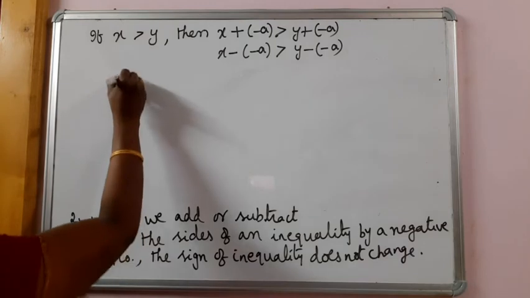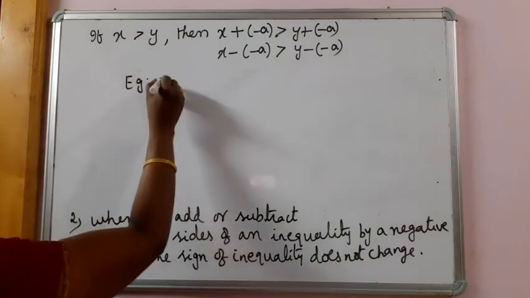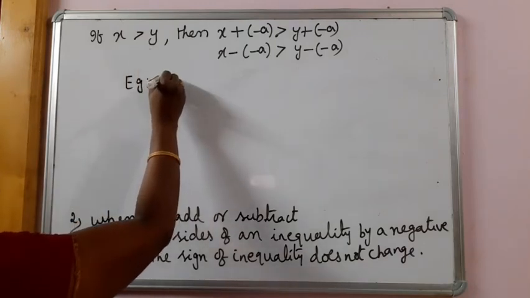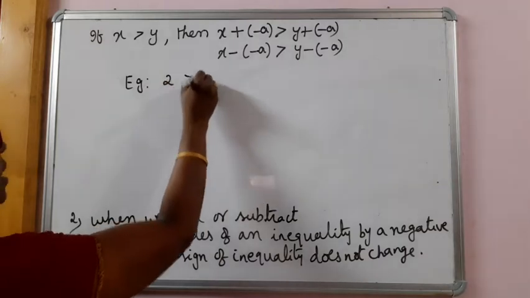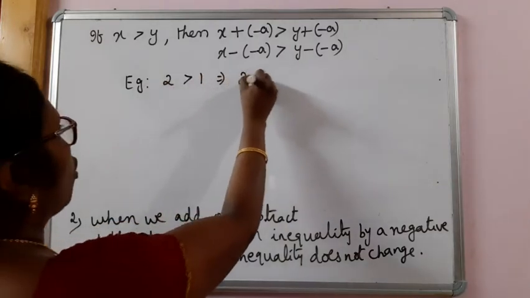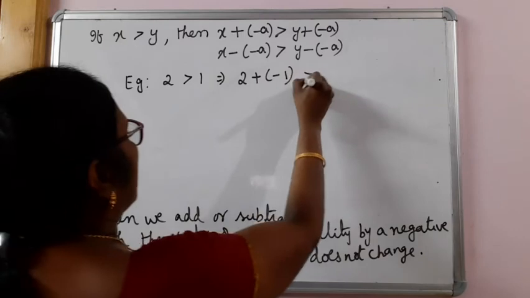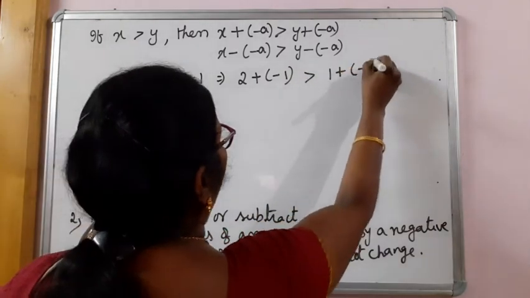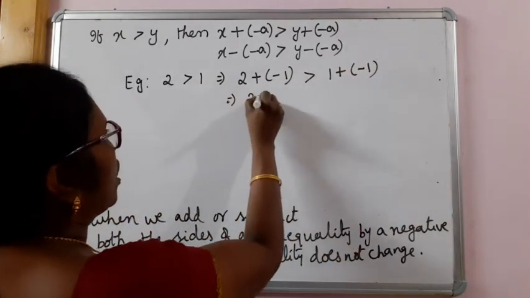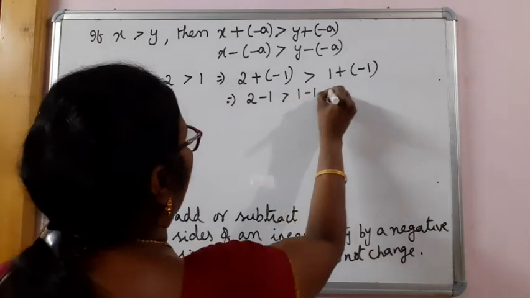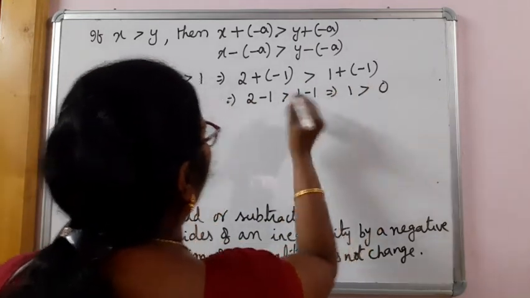Let me give you for this an example. Okay. Same way, 2 is greater than 1. So, 2 plus of minus 1 is greater than 1 plus of minus 1. Let me simplify. 2 minus 1 is greater than 1 minus 1. 1 is greater than 0.